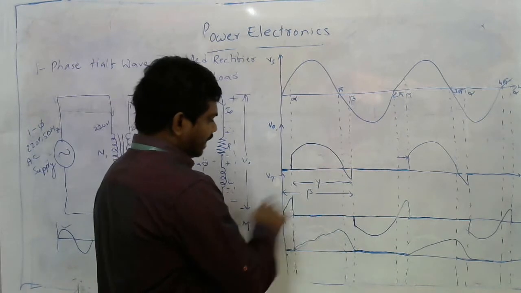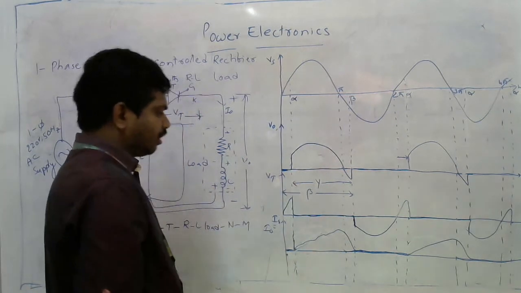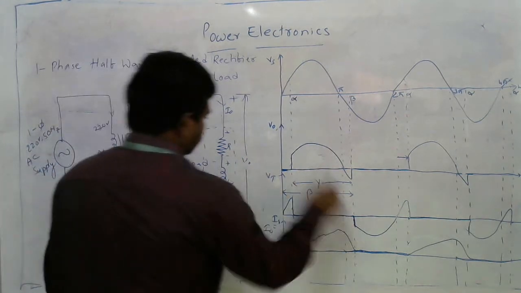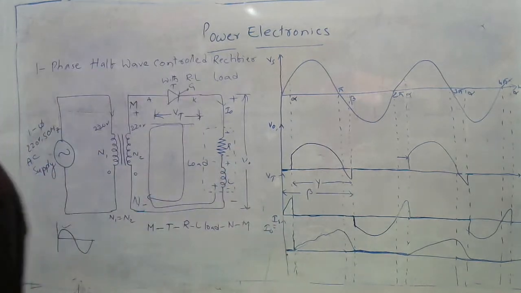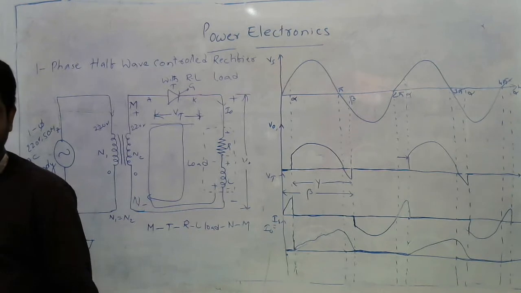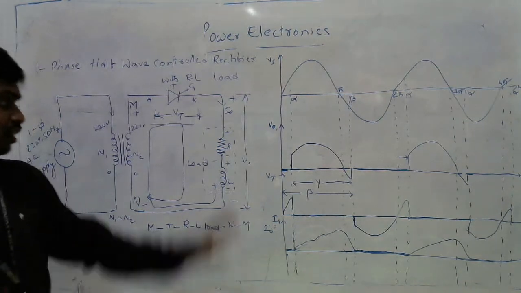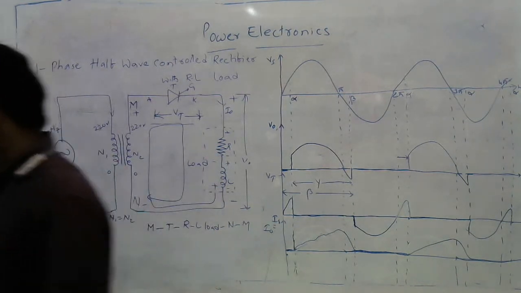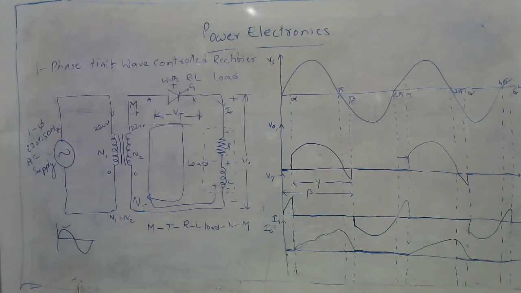The extinction angle is defined as the angle measured from the reference point, where 0 is the reference point here, to the instant at which the current extinguishes.